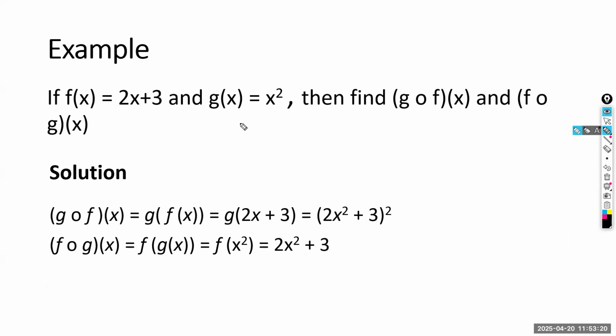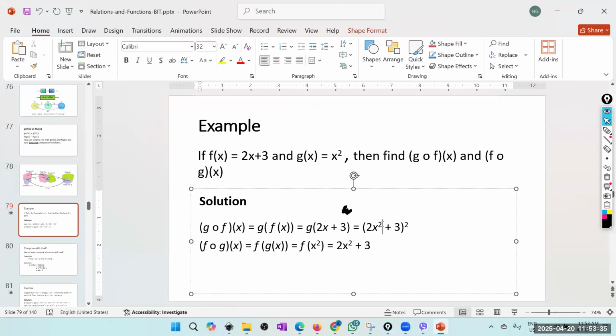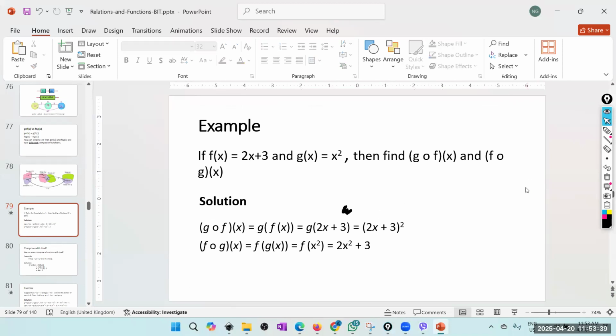And what is g(x)? x squared. So then this is your x, it's squared. Okay, so I think there's a typing mistake. So this must be 2x. Let me fix that also. So there's a typing mistake. Right, 2x plus 3, it's squared. Okay, so now it is correct. I will upload it again.